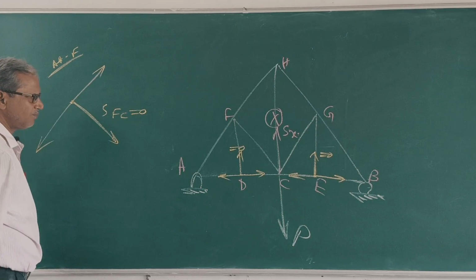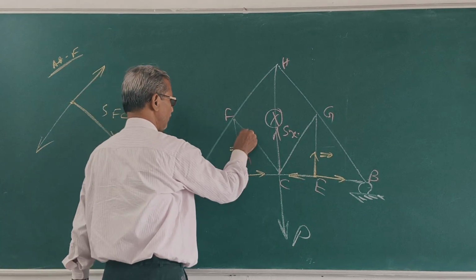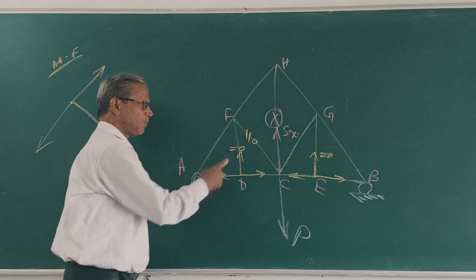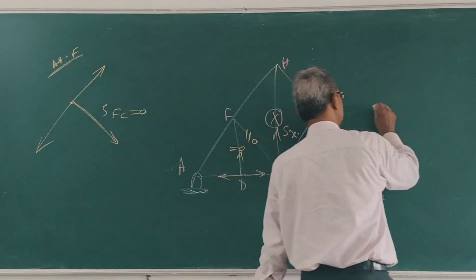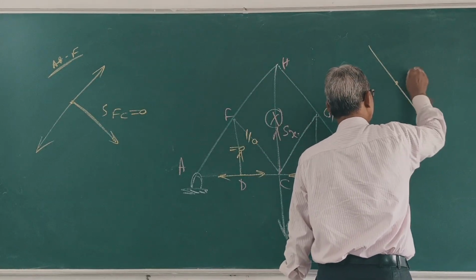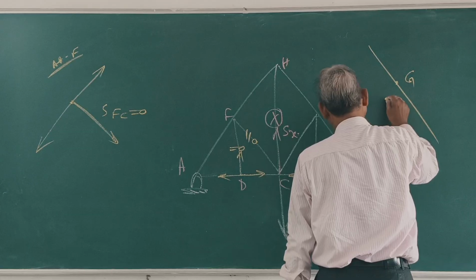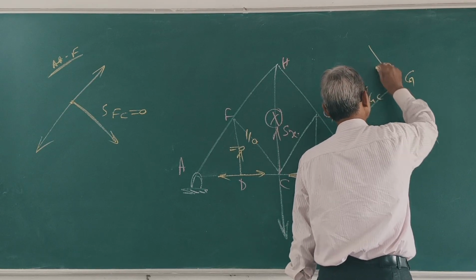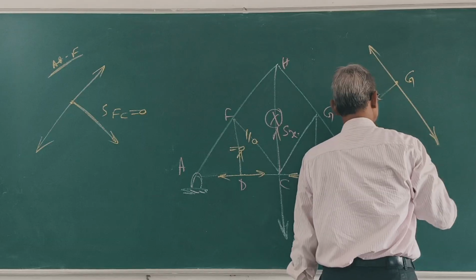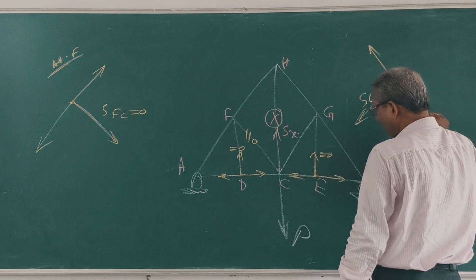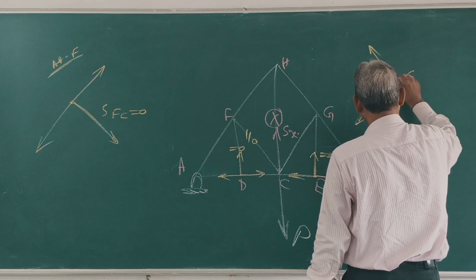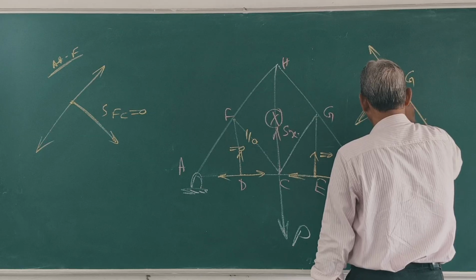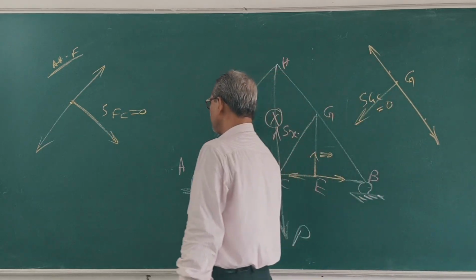Clear? At point G, this is force GC. This is force, this is force. Since these are collinear, no load at point G, so this is equal to zero. Clear? This is zero.